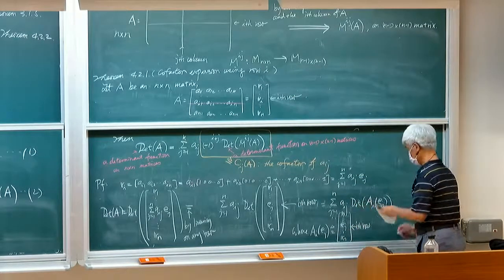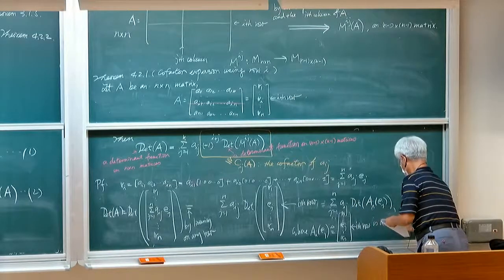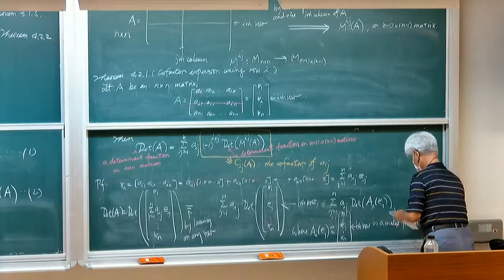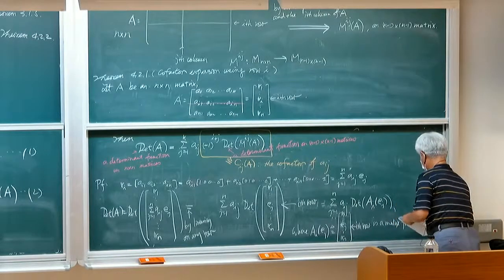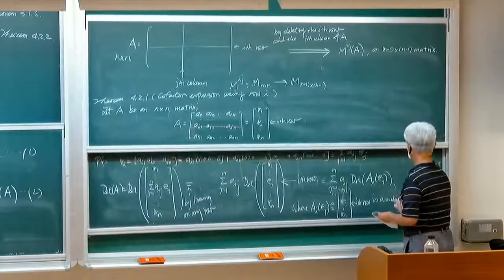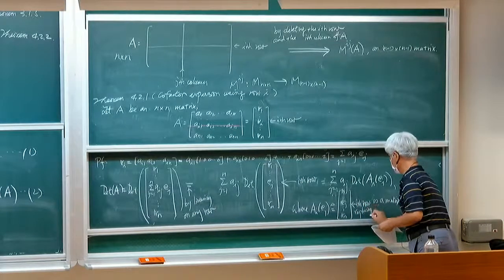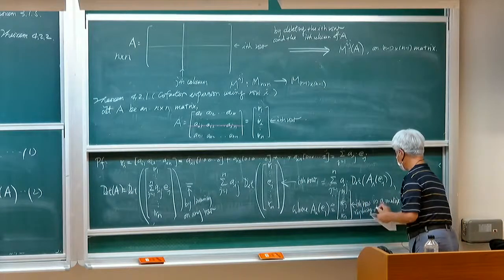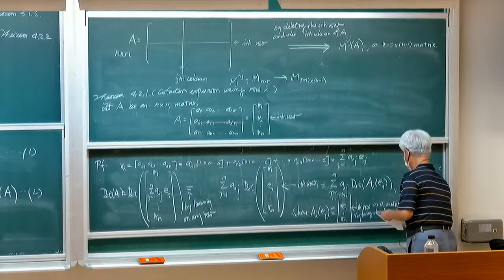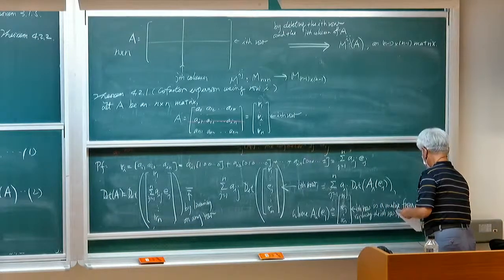Okay, so this is a matrix from A by replacing the ith row of A with Ej.